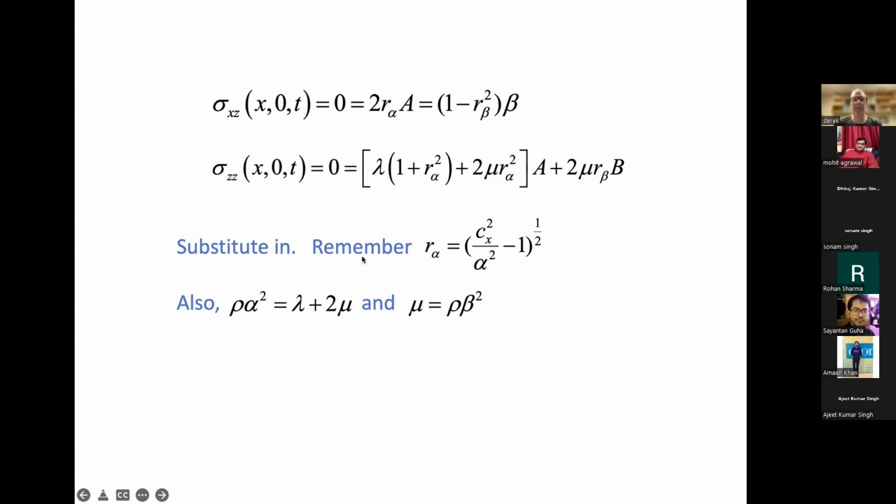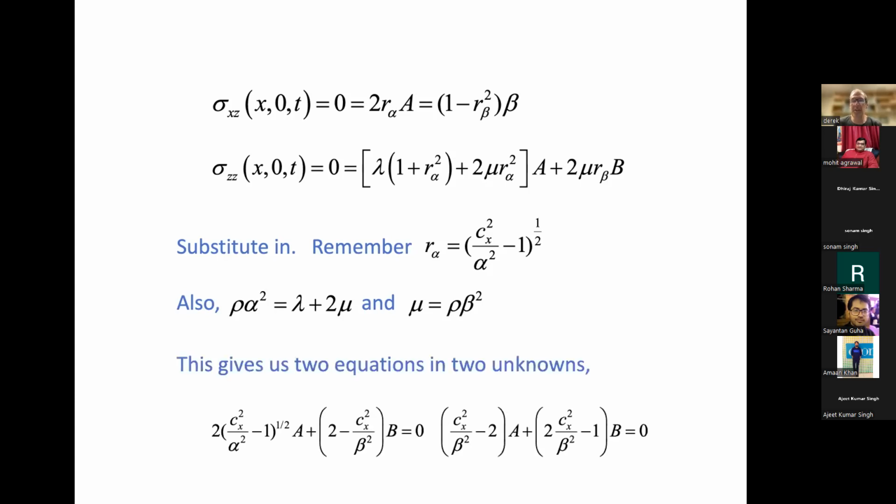And we will substitute in that and take into account that R sub alpha can be written as the square root of C sub x squared over alpha squared minus 1. And then we've rewritten our velocity relationships. So you might recall that alpha equals the square root of lambda plus 2 mu over rho. So we just took the square of both sides and multiplied it by the density to get this formula. And we did a similar thing to the shear velocity equation to get this formula here.